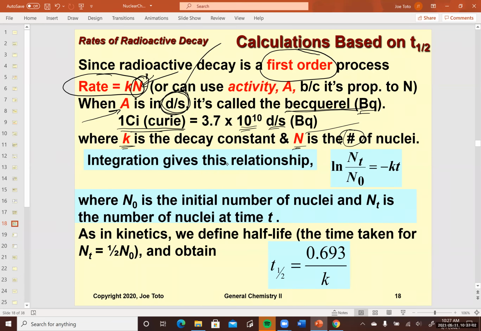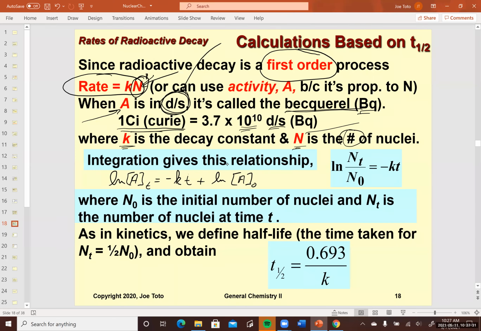So anyway, if you recall from previously, our first order rate equation looked like this: ln[A] = -kt + ln[A]0, right? You remember that from kinetics? Well, this is the same thing.